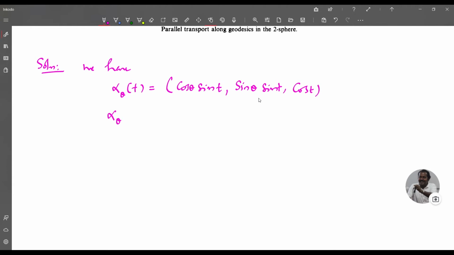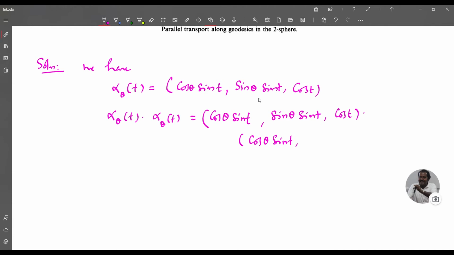So you have alpha theta of t dot alpha theta of t, which is (cos theta sin t, sin theta sin t, cos t) dot (cos theta sin t, sin theta sin t, cos t).